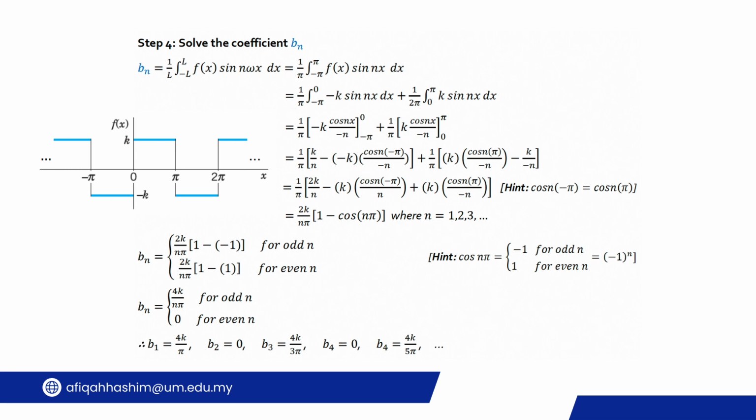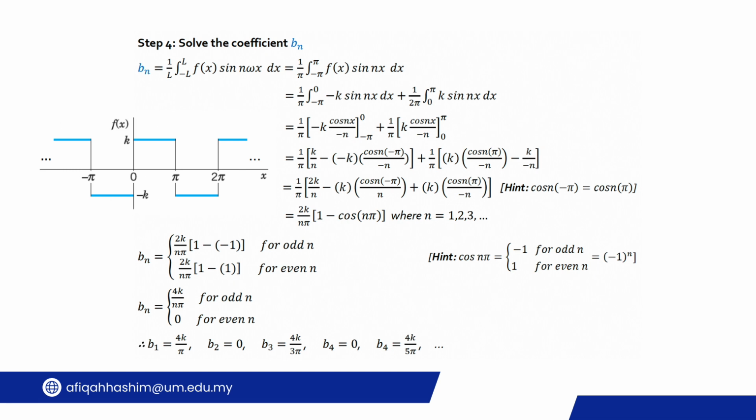So here you see that cos n pi, okay, you can change this cos n pi into negative 1 to the power of n. So when n is an odd number, you will get negative 1. If n is an even number, you will get 1.